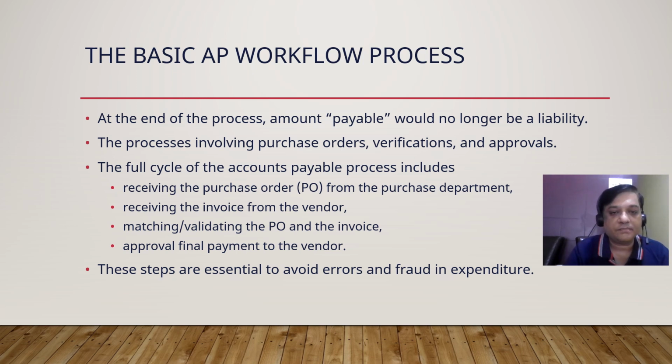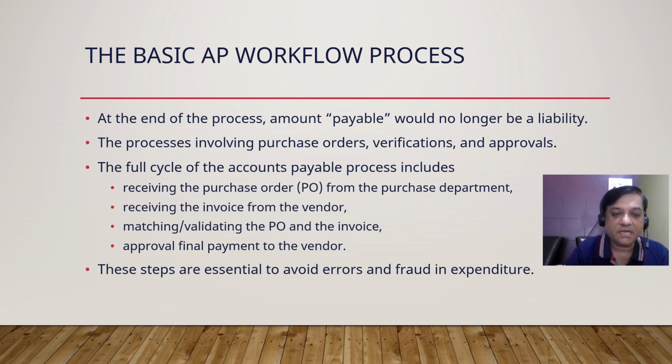So the basic AP workflow process says at the end of the process, the amount that was payable at the first step would no longer be a liability. There may be intervening processes involving purchase orders, verifications, and approvals.